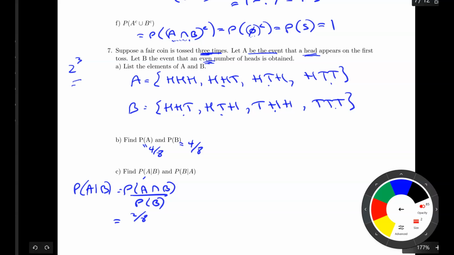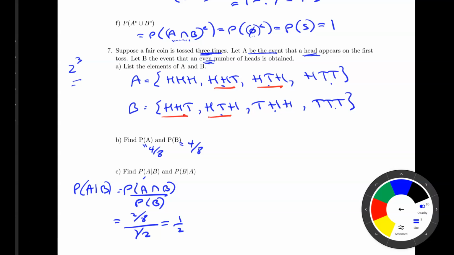Oh, I forgot to talk about that. Do I have an overlap? What do I have in common between these two? So I've got this, and I've got this, right? Those 2. So 2 out of the 8 over the probability of B, which is 1/2. And so that gives me 1/4 over 1/2, so that gives me a 1/2, right?